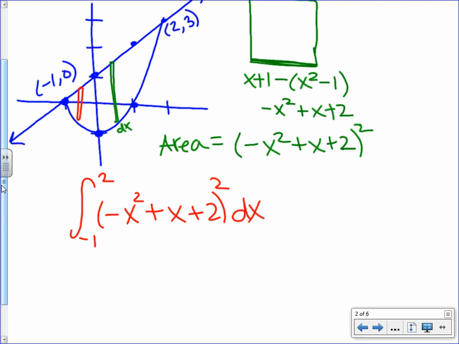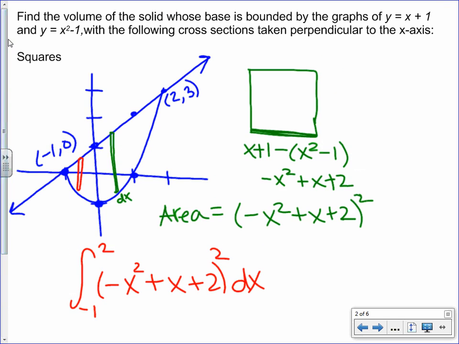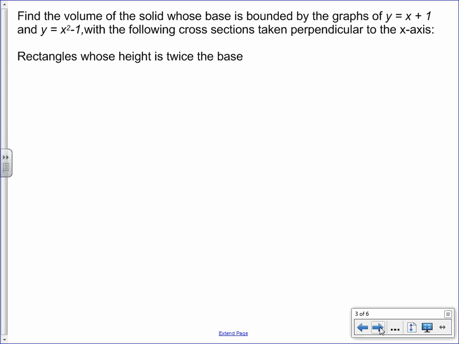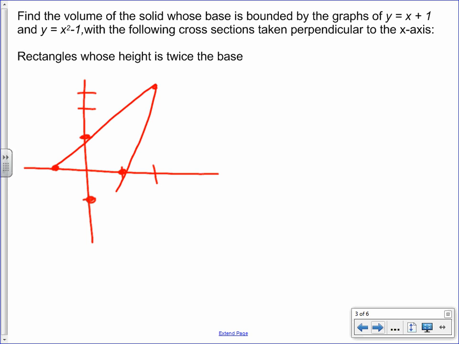Okay. All right. Same bounded area. Let's find the volume if our cross sections are rectangles whose height is twice the base. Same.